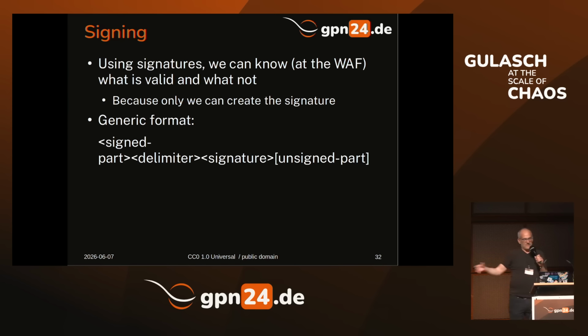So seeing this from the other way around, if we sign something, as long as we are the only entity knowing the secret that has been used for the signature, it's basically guaranteed that no one outside can make this kind of signature.